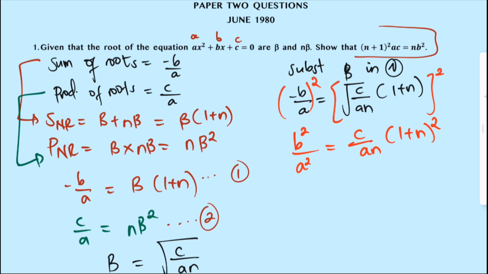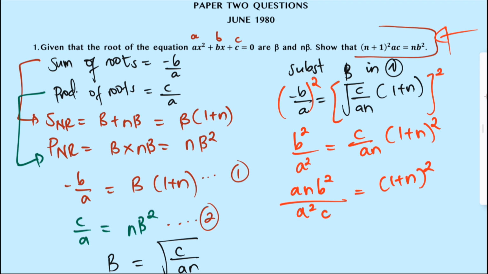Okay, so we're just gonna have to move some things around here just to make it linear, like this one. Okay, so I'm going to multiply both sides by an and then divide by the c, so b squared over a squared c equal to 1 plus n squared. You can already see the equation coming up.